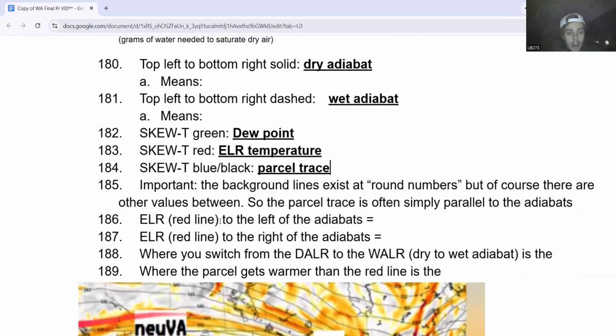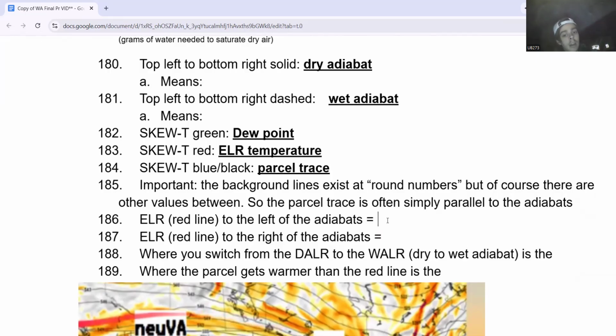If the environmental lapse rate is to the left of the adiabats, that means the rate is higher. The ELR is higher than the WALR or DALR.